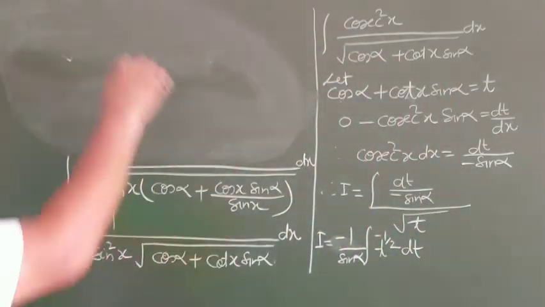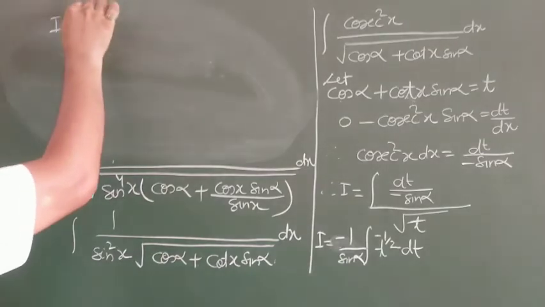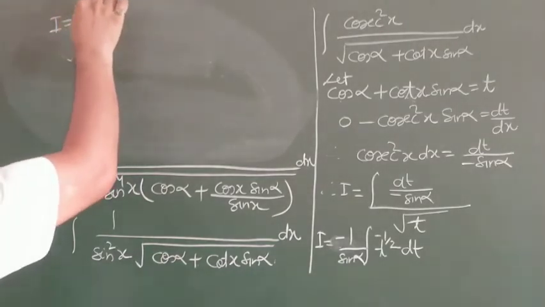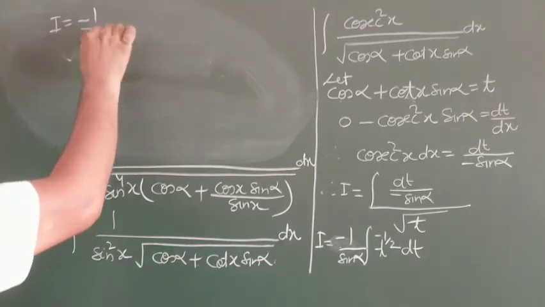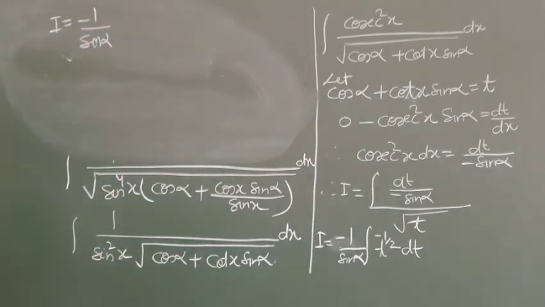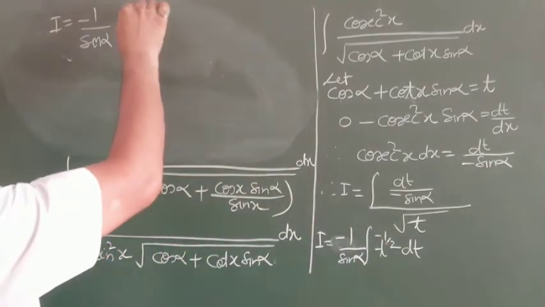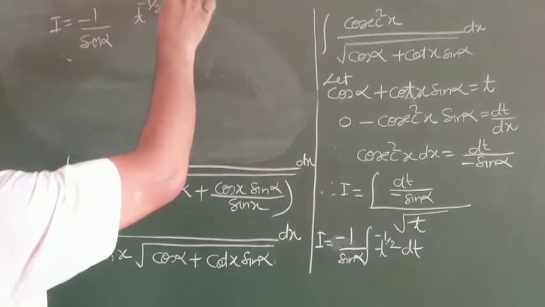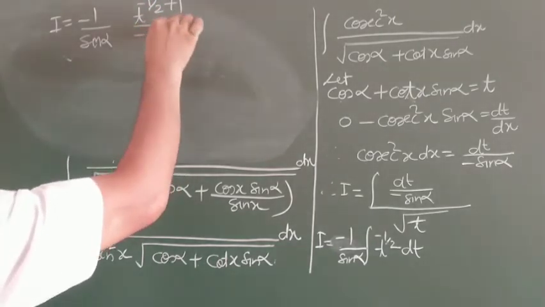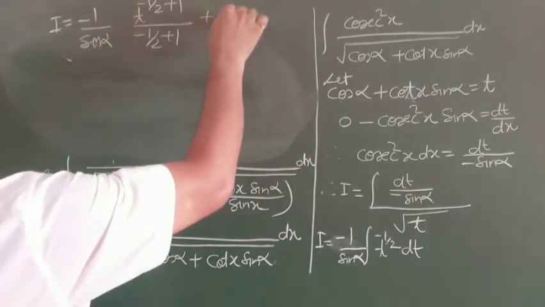Now students, I equals minus 1 upon sin alpha, and t to the power minus 1 by 2. Its integral is t to the power minus 1 by 2 plus 1 upon minus 1 by 2 plus 1, plus c.